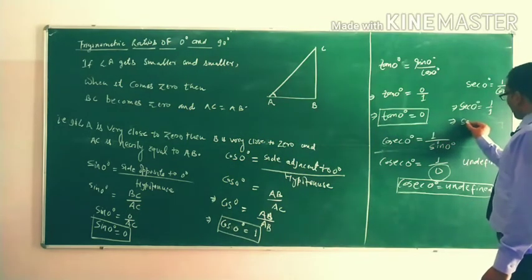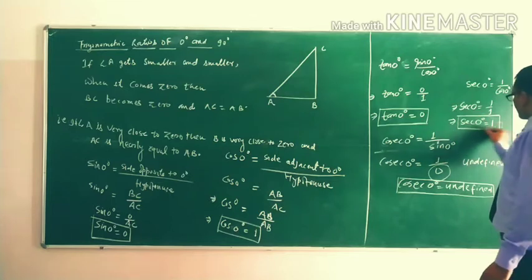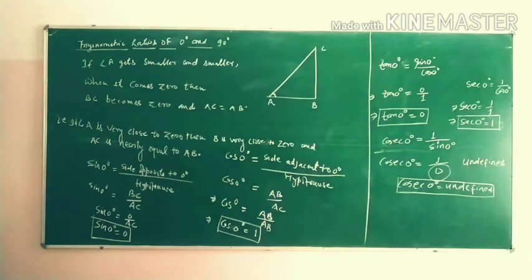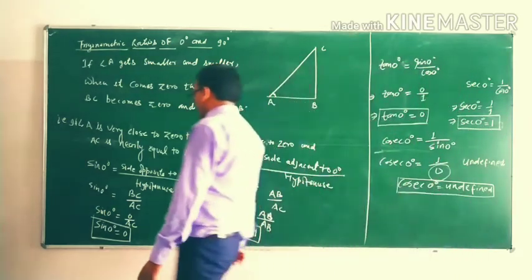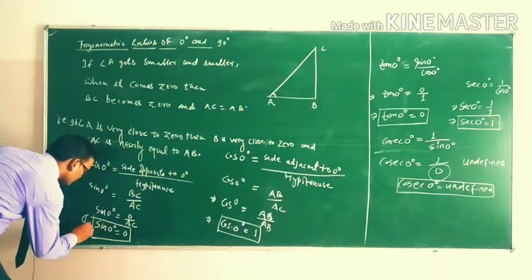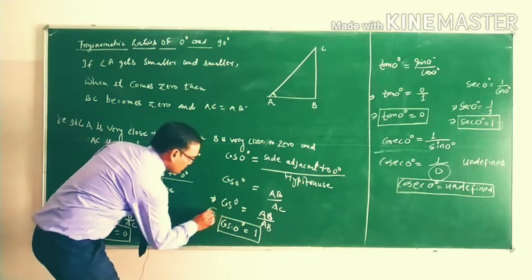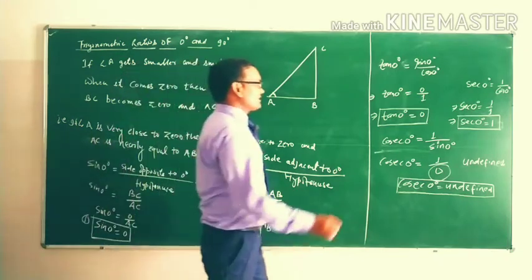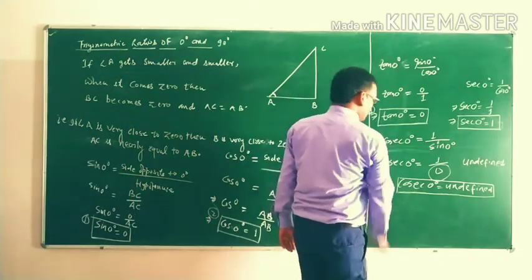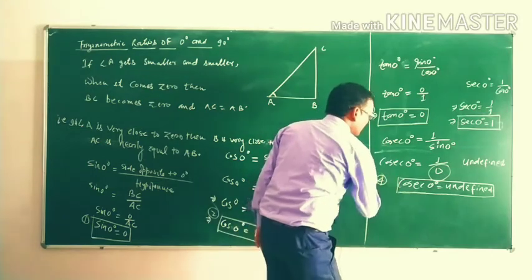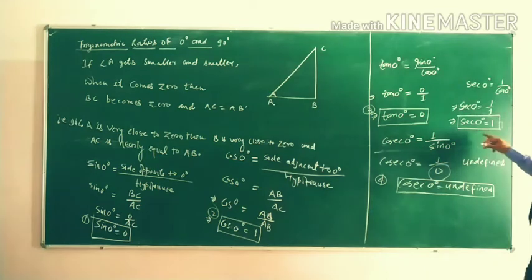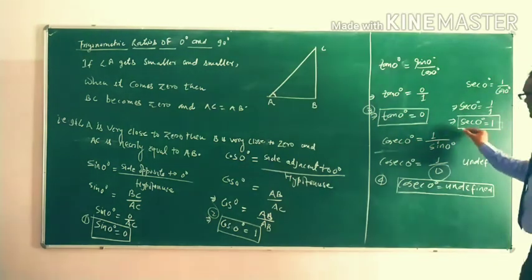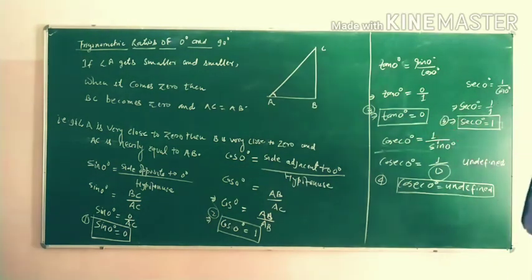This implies that, okay students, again we find the last, cot 0. First, sine 0 is 0, second, cos 0 is 1, third, tan 0 is 0, fourth, cosec 0 is undefined, and fifth, sec 0 is 1.